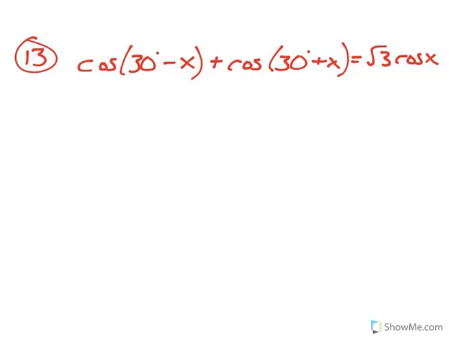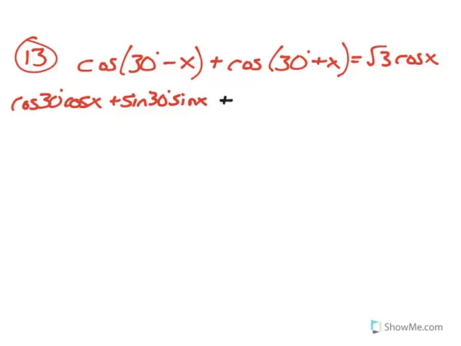Cosine of 30 degrees minus x. Well, that's going to be equal to cosine of 30 degrees times cosine of x plus sine of 30 degrees times sine of x. That's a difference identity for cosine. Plus.